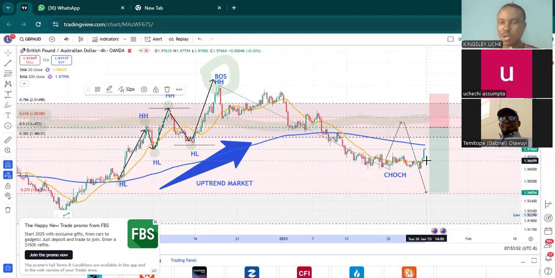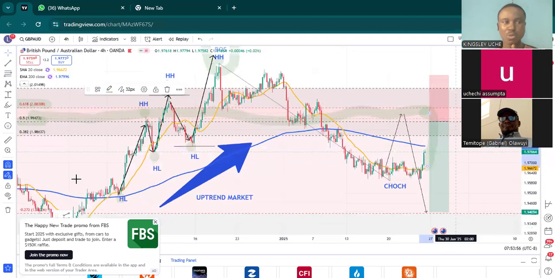We need to see the price come towards this level, inside this zone. We need to see price move towards the 0.618, 0.5 level, that area. You can see the 0.618 has the red dotted lines, while the 0.5 below is black, with dotted lines as well.